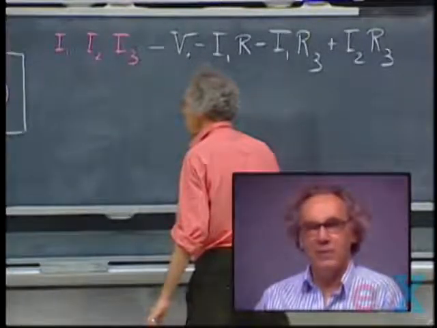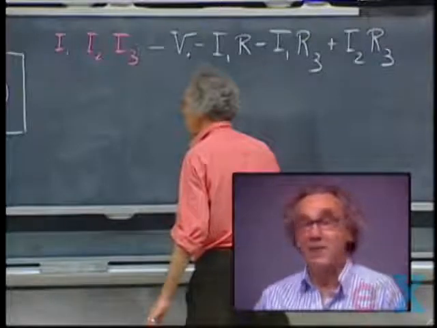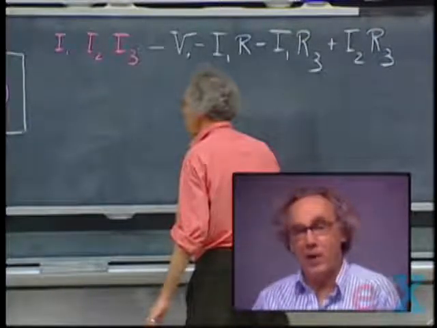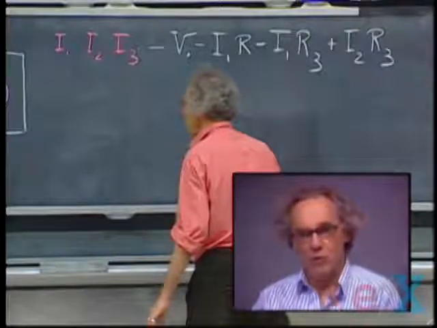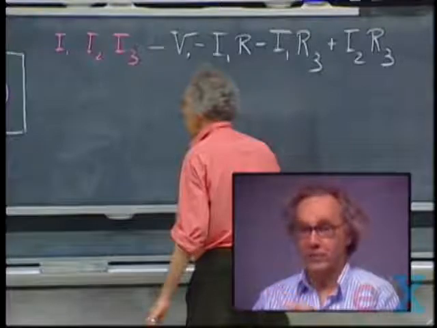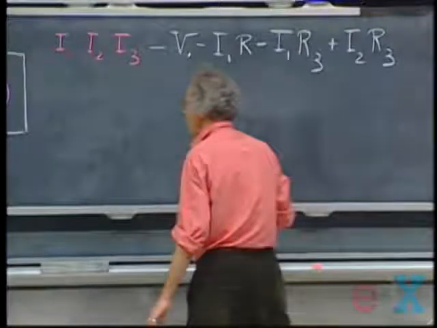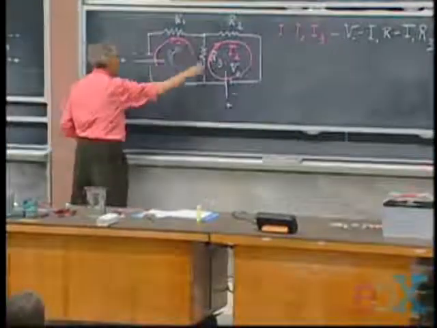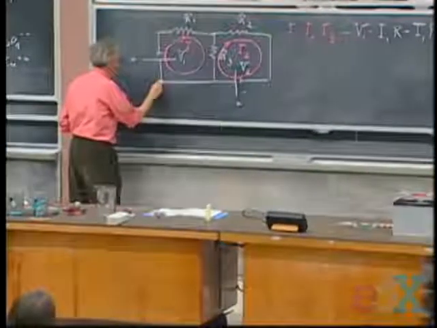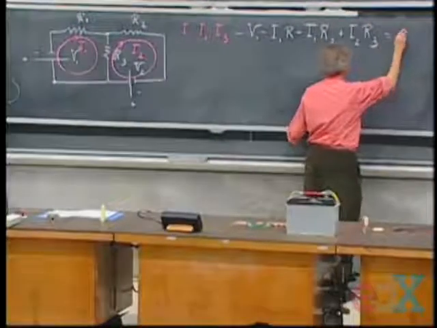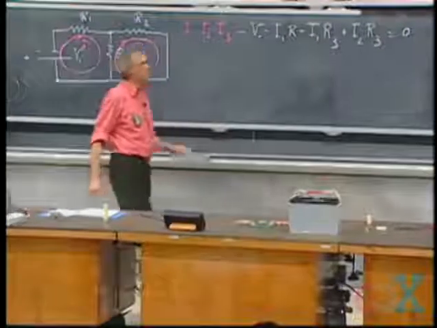I wrote down I1R. There is no capital R in the whole problem. I clearly meant I1R1. So read minus I1R1. Sorry for that. No. I'm back where I was, because these wires have no resistance. And so I'm back where I am, so this is zero. One equation with two unknowns, I1 and I2.